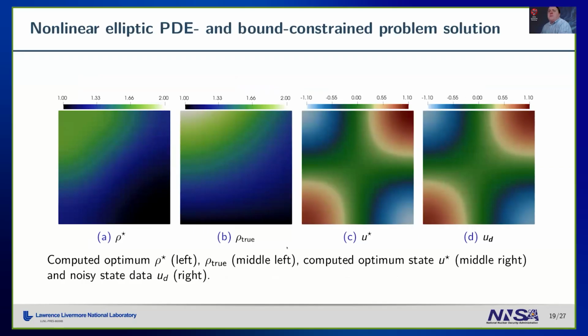This is for the regularization parameter that balances the discrepancy of the noise. This is the solution of the optimization problem for this 2D problem. I just want to show that they look fairly good. This is the solution of the optimization problem, some true field here, then the true PDE solution, and then the data on the very right.